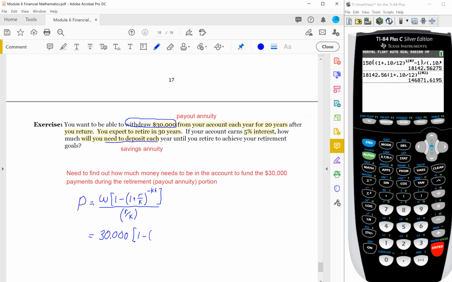One minus 1 plus, your interest rate was 5%, written as a decimal, so 0.05. And we're making this withdrawal once a year, so divide by 1, raised to the 1 times, and this would be the number of years that we're withdrawing money. We're withdrawing money for the next 20 years. Divided by, again, your interest rate, 0.05, divided by 1.